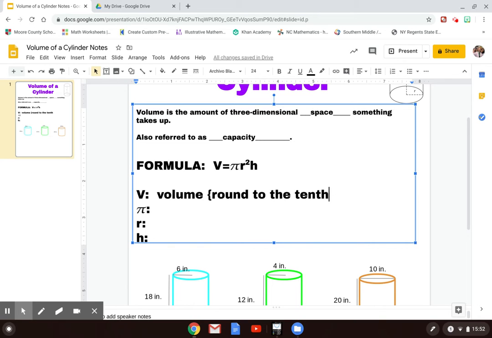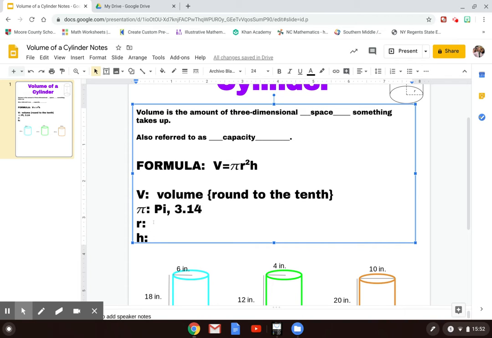All of our volume computations are going to be rounded to the 10th. Then we have the pi symbol, and we're going to use 3.14. Anytime we see pi, use 3.14. Do not use the pi key on your calculator because you will get a slightly different answer.